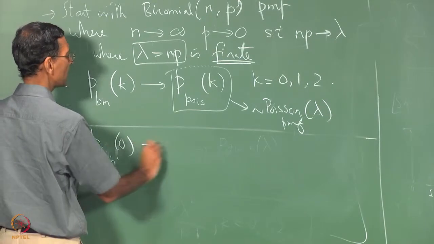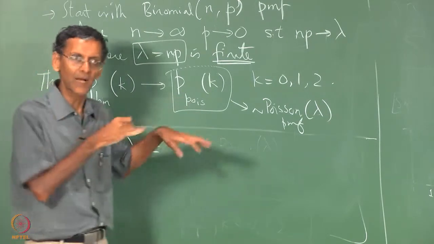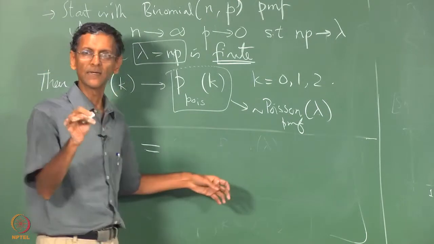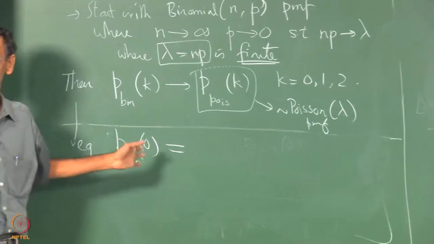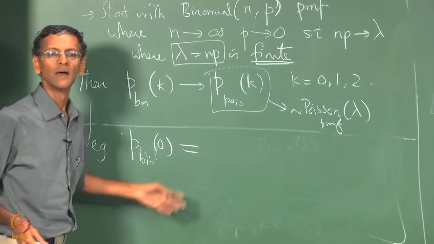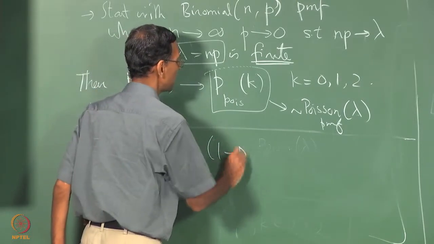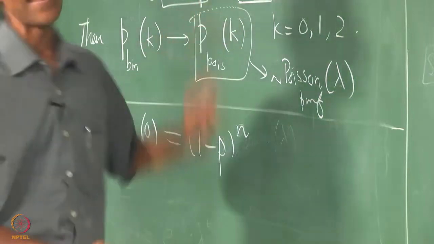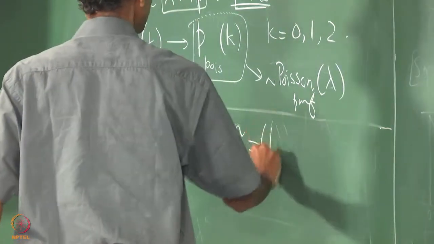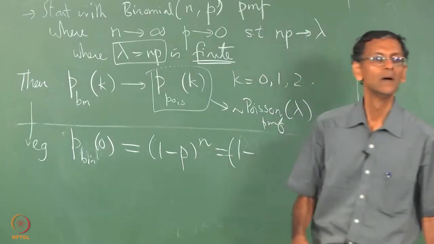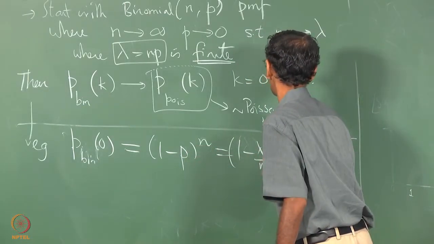With np, what is it exactly equal to? It is 1 minus p whole to the power n. Now I want to bring in lambda into this. I write this as 1 minus lambda by n, power n.